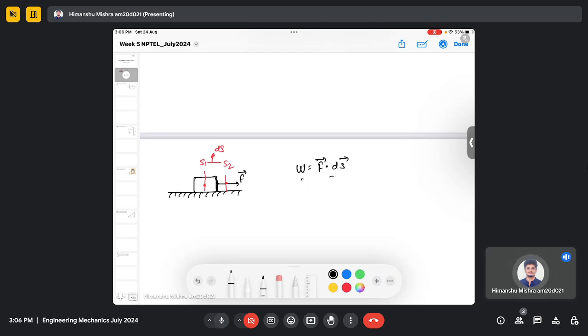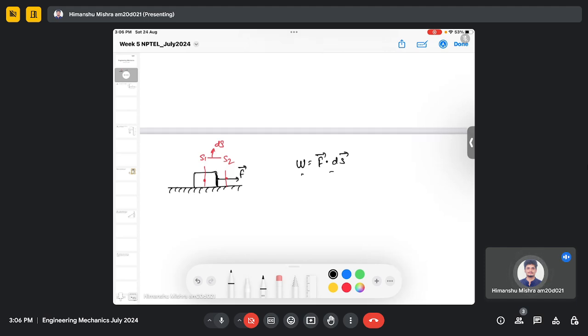If the displacement is in the normal direction, for example if the block is displaced from S1 to S3 by exerting the same force F, then there will be no work done because this dot product will be zero. So there is work done by a force only when the displacement is along the direction of the force.